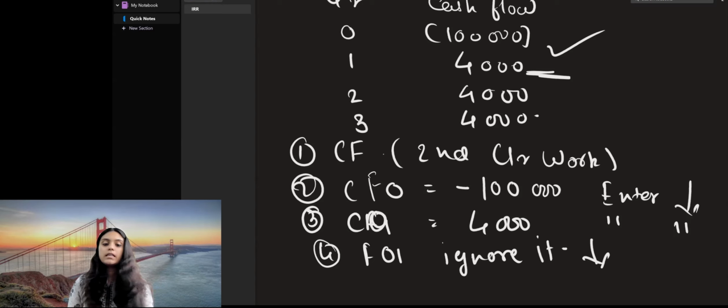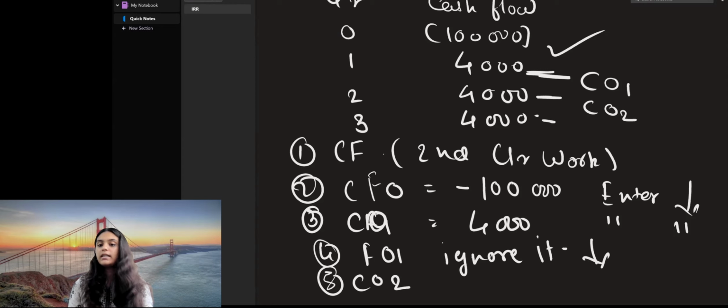Then you will see C02. That means this. Okay? This is C01, this is C02, and this will be C03. So C02 again 4000, enter, down button. Now you will see F02.